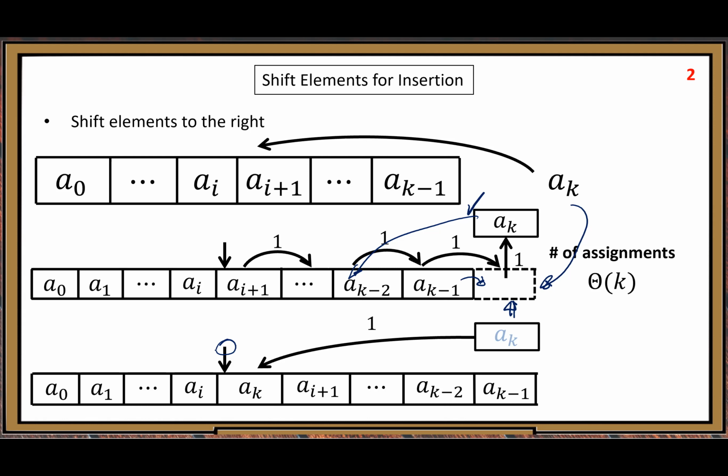But you can think about the average number of comparisons; it's also easy to find. So we can use big theta of K to describe the average number of comparisons for this operation.